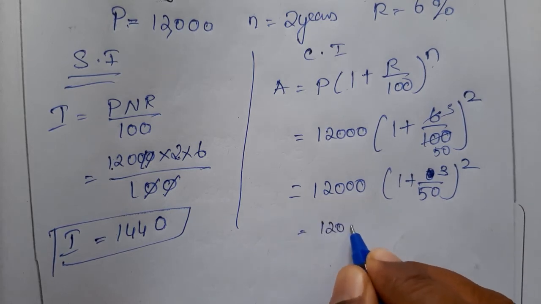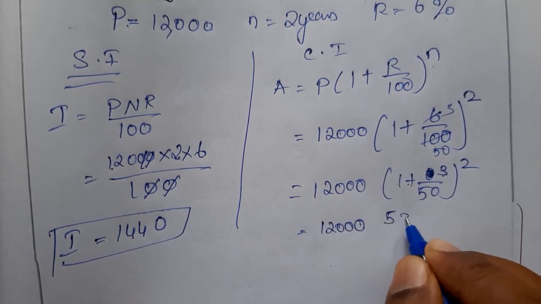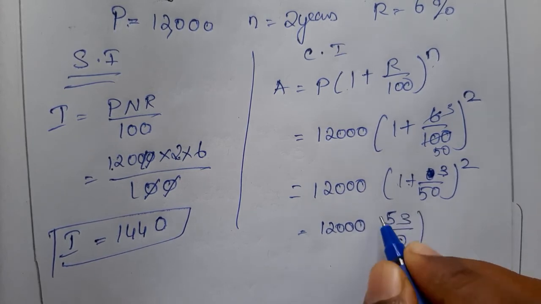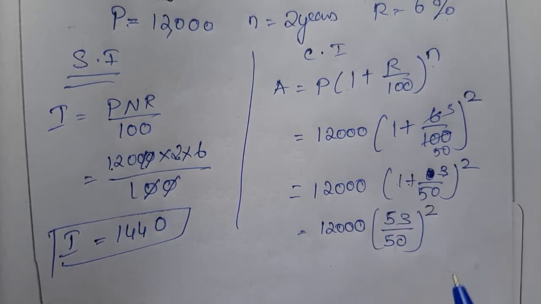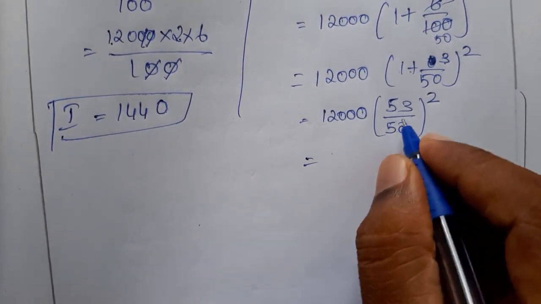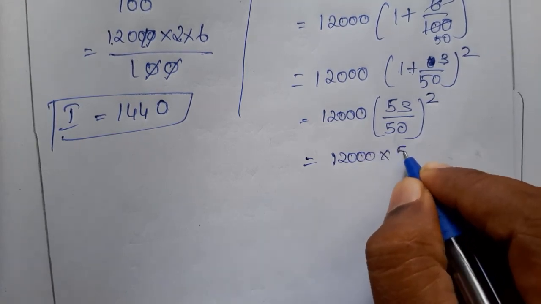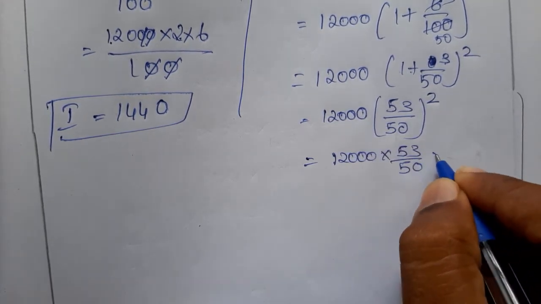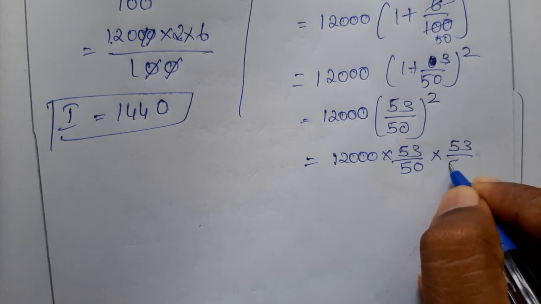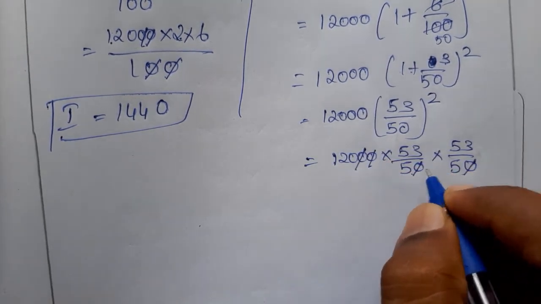So 12,000 into 50 plus 3, 53 by 50 the whole square. You have to multiply twice, 53 by 50 into 53 by 50, 0, 0, 0, 0.